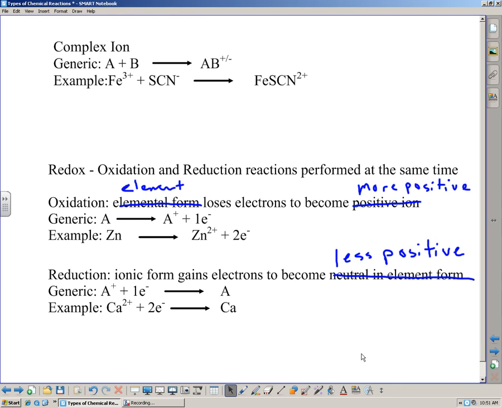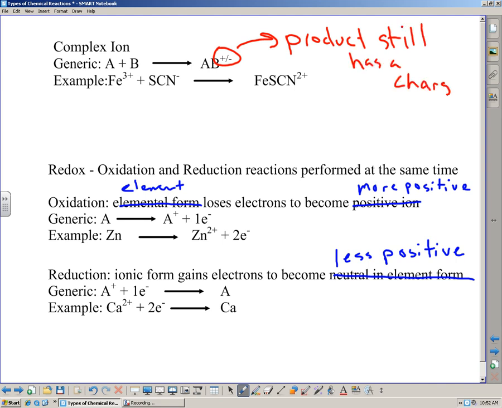All right, the complex ion reaction up at the top there. The key to this one is to recognize that your product still has a charge. We would normally expect iron and the thiocyanate ion to combine together to make a neutral compound here, right? Given these charges, we would look at this and say, okay, this is the product that's going to get written here.